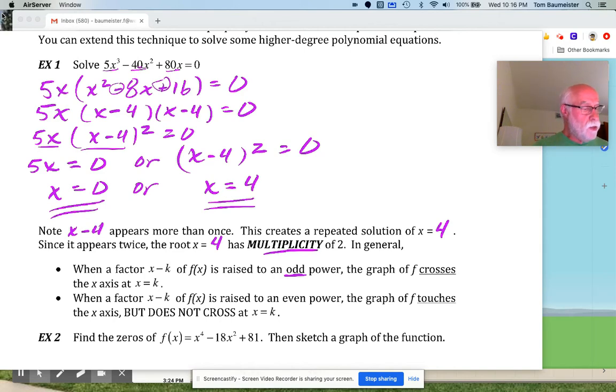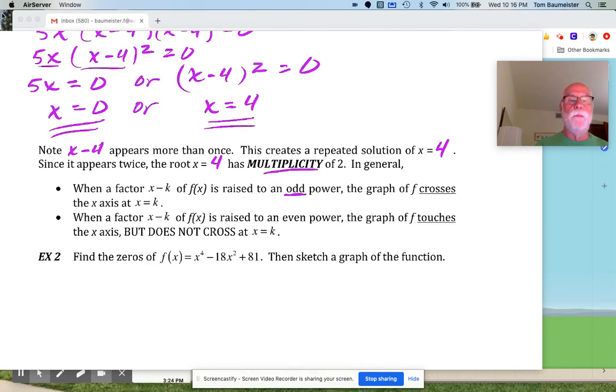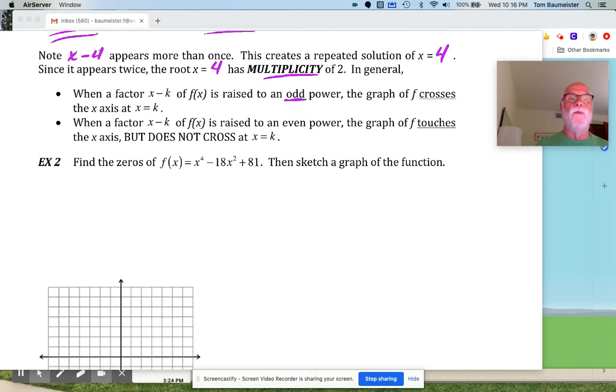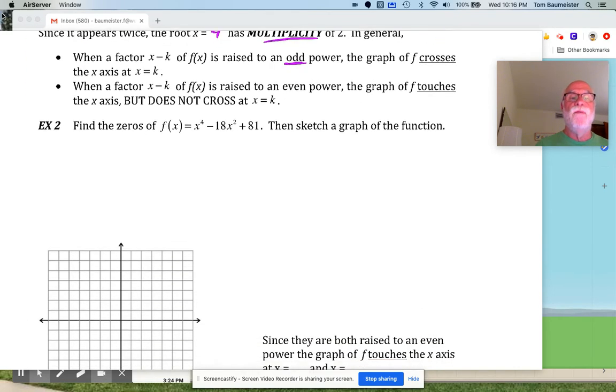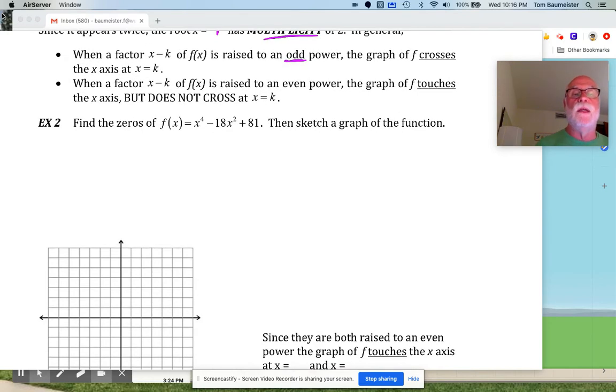All right, so I'm going to give you just one example here. Our next example: find the zeros of f of x is equal to x to the 4th minus 18x squared plus 81. Then sketch a graph of the function.